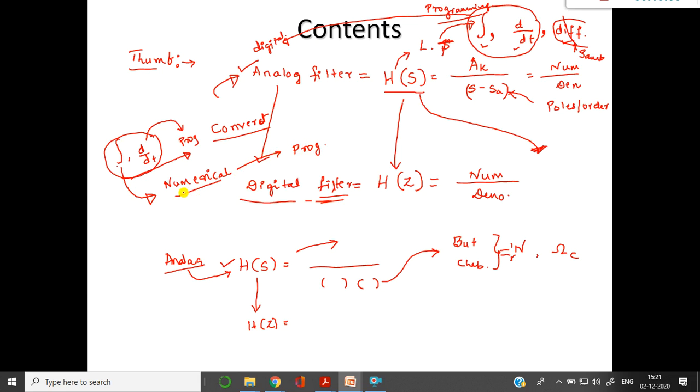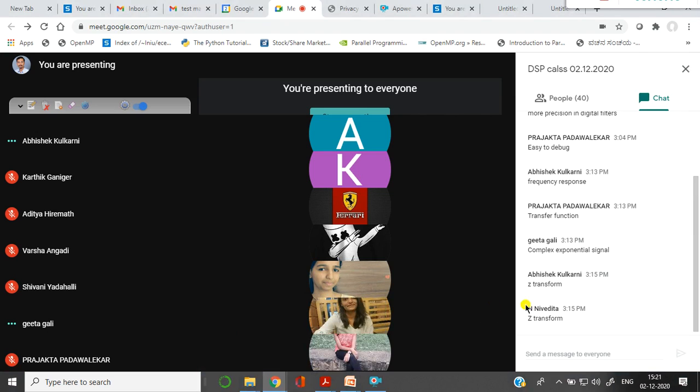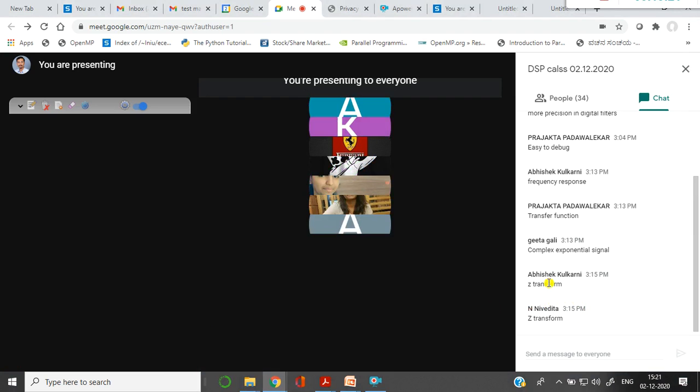Now tell me, which technique is present to convert this integration model into a numerical model in mathematics? Any idea? You have learnt this. Any idea, guys?